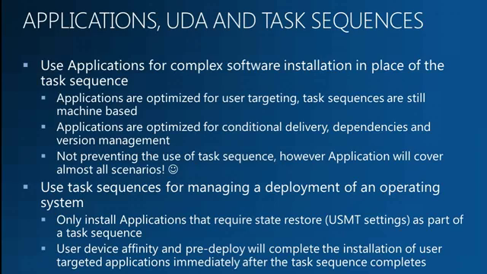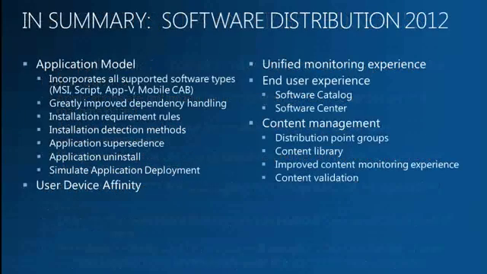The way you would go about doing it is you would deploy these apps to the group of users, flatten your box, run the task sequence on it, the OS gets laid onto the machine, and then it gets handed off, and then we'll pre-deploy those user-required apps. You would use the pre-deployment feature here, because the user's not logged in while the task sequence just got done. So we would pre-deploy those apps and then hand it over to the user to do his normal thing. That is his job.